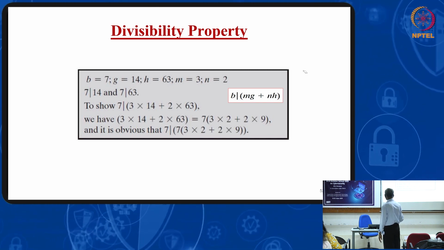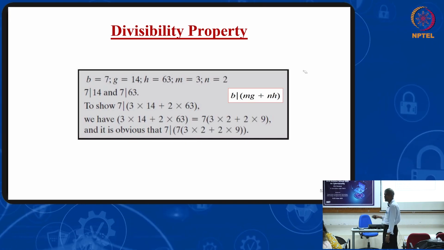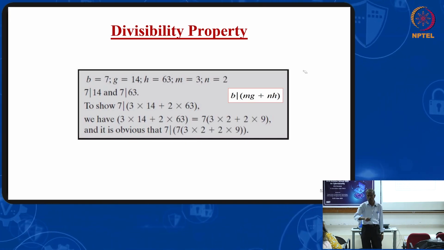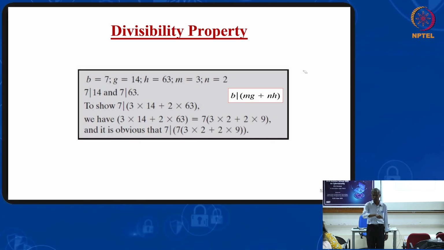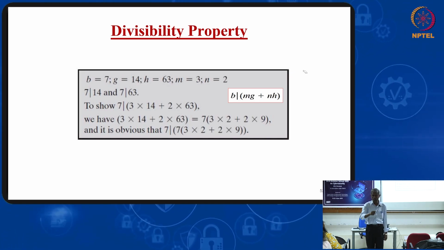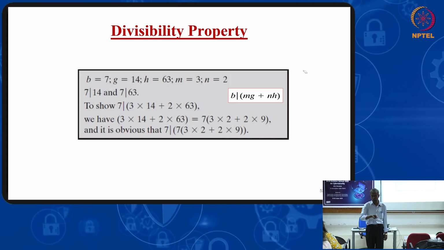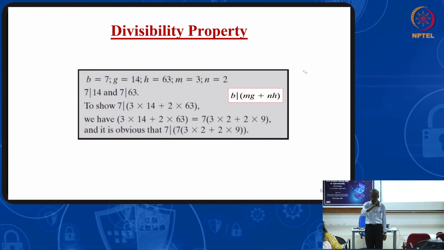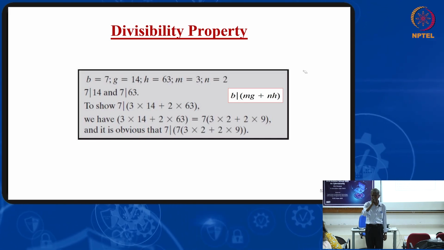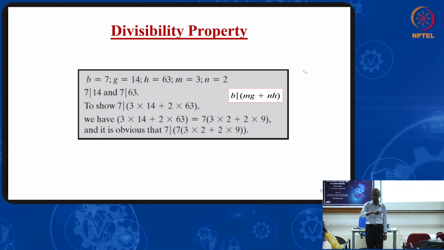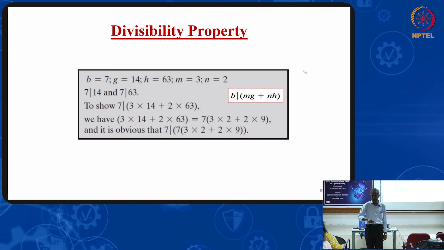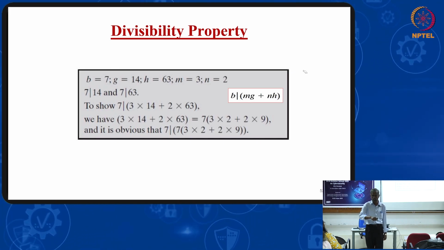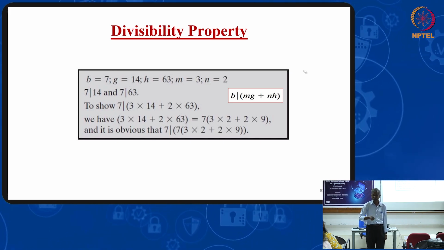That is why we say that b divides g, b divides h. When you want to say that b divides g, g is a multiple of b. If I take 7, 7 divides 14, 7 divides 21, 7 divides 63. Therefore, I am taking g and h values from multiples of 7.